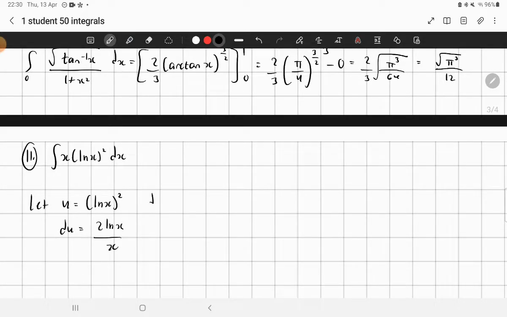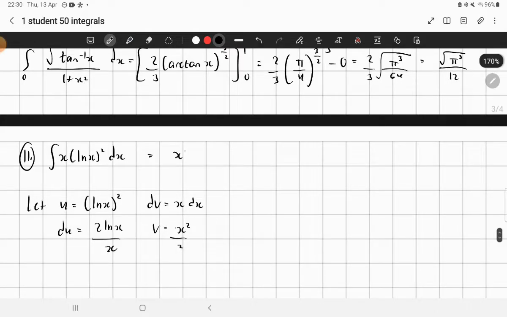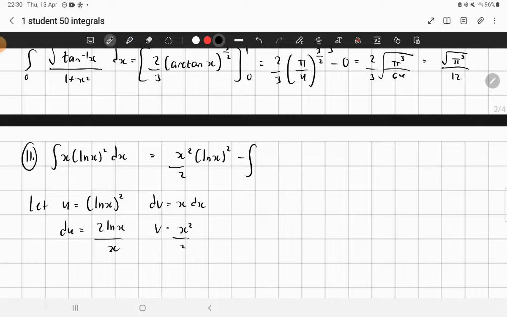How about dv? It will be x dx, and you can solve this. So you will have v equal to x squared over 2. You should obtain x squared over 2 ln x to the power of 2, minus the integral of x ln of x dx.